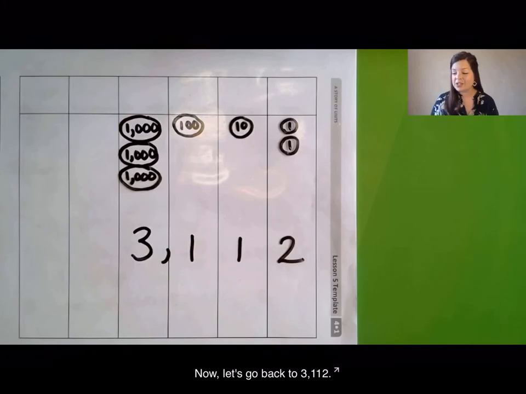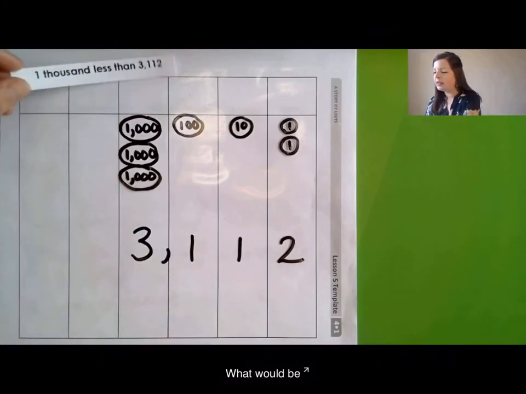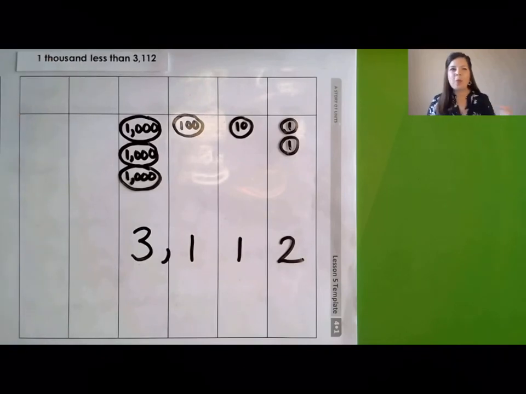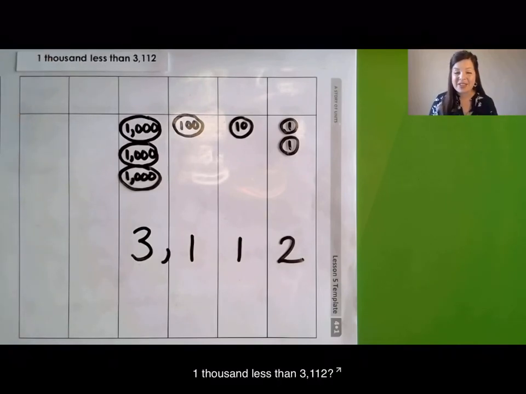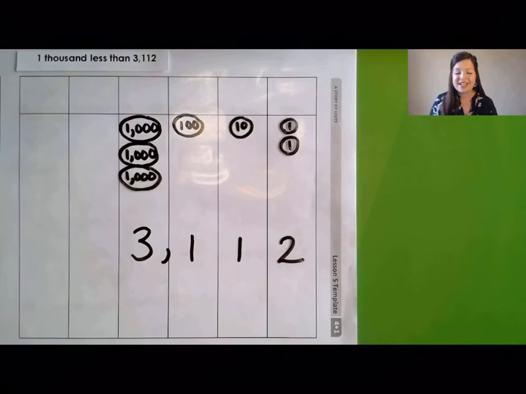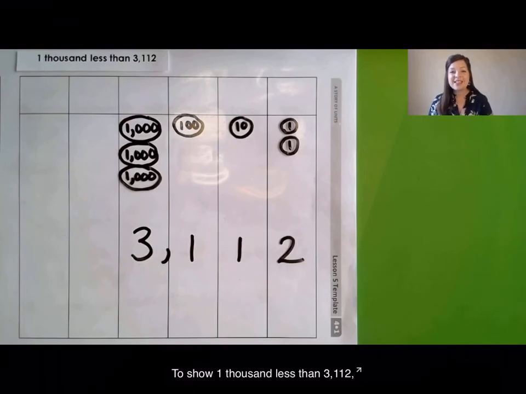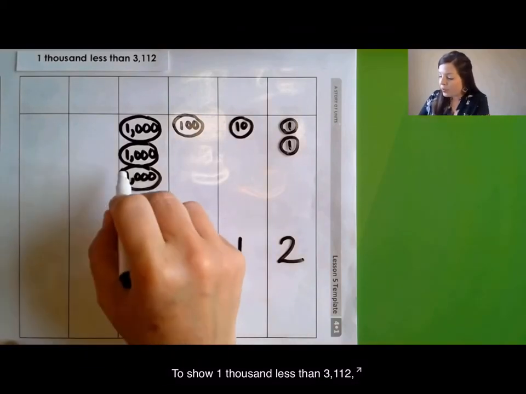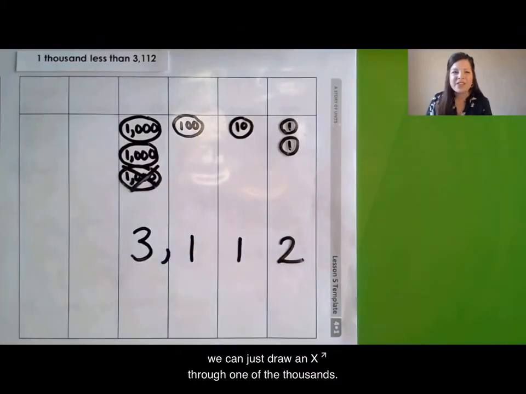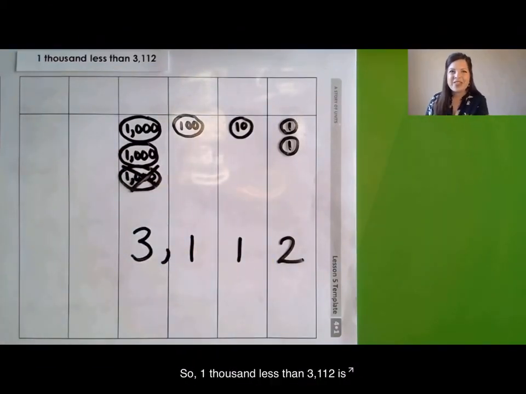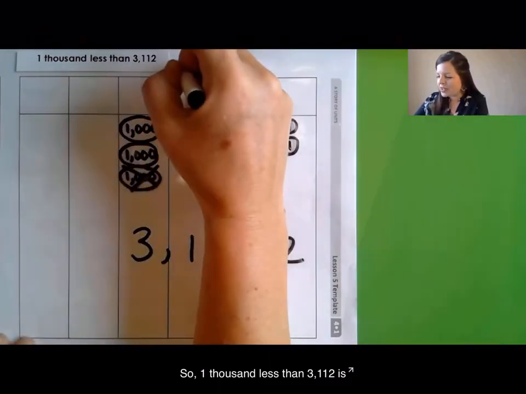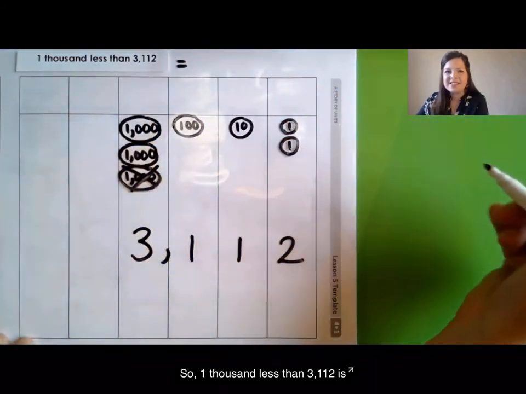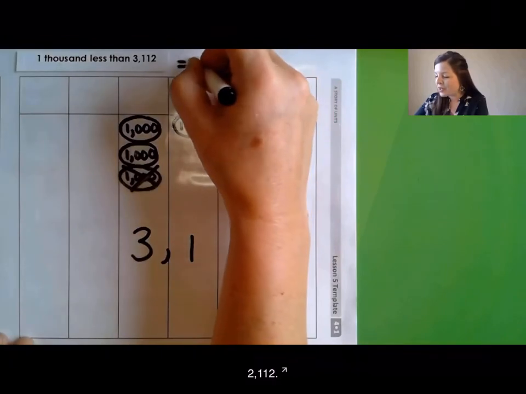Now let's go back to 3,112. What would be 1,000 less than 3,112? To show 1,000 less than 3,112, we can just draw an X through one of the thousands. So 1,000 less than 3,112 is 2,112.